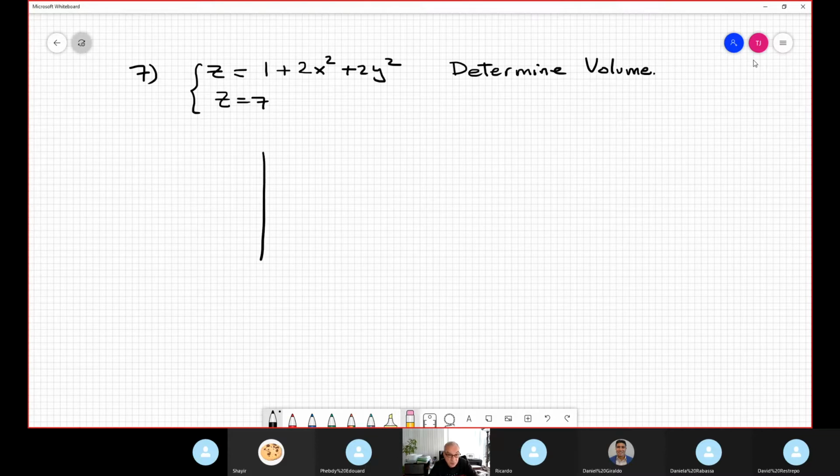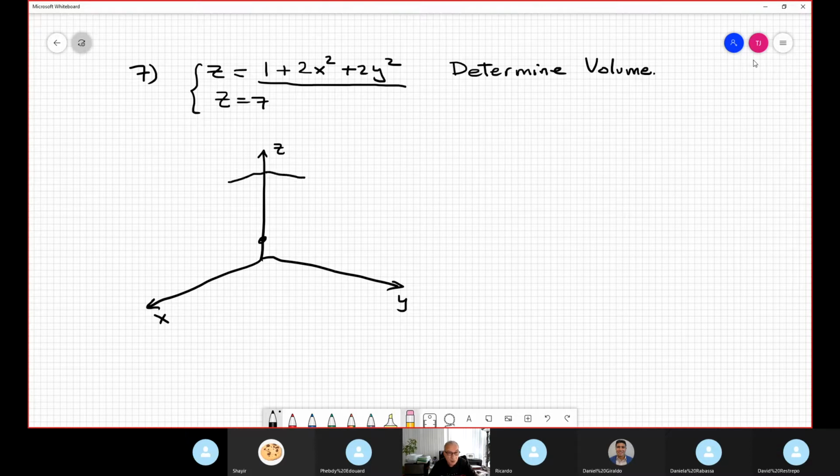Okay, so now the sketch in 3D. Basically, this is a paraboloid in which the z-intercept is 1. It opens up.